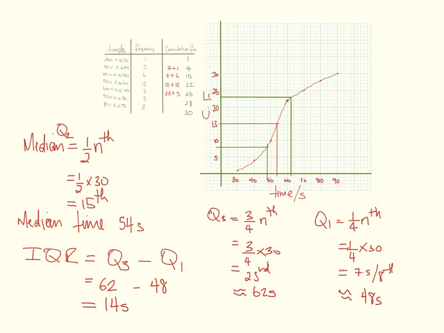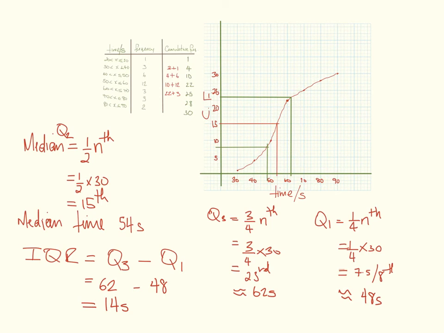They might ask you to comment on the spread of the data. Because this number is quite small for your interquartile range, you can say that because you've got a small spread, the data is a bit more reliable. If this was quite a big number, then you can say that there's lots of movement within the data. You have a big spread, which means that the information you gather might not be as reliable as you'd want it to be.